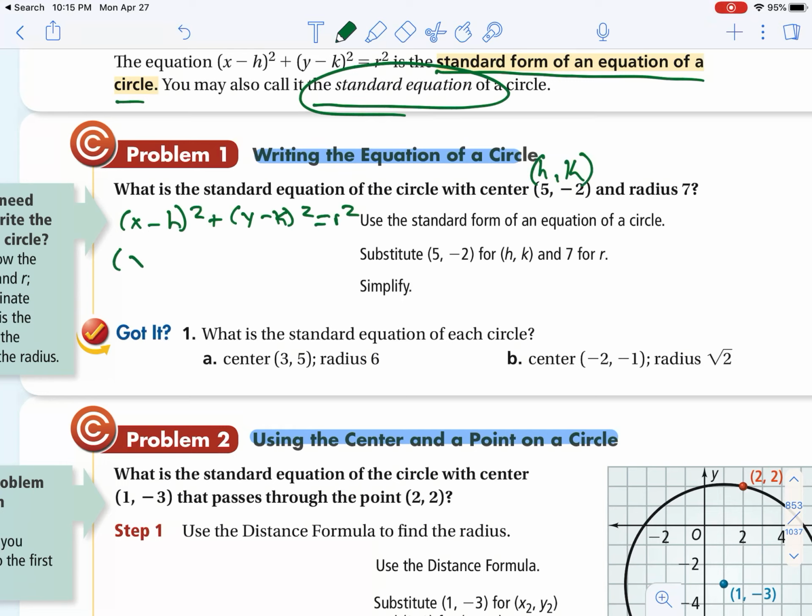So I'm going to say (x minus 5) squared plus (y minus -2) squared equals 7 squared. Like in our earlier example, we're just going to clean this up. Notice how that becomes a y plus 2. And for this 7 squared, we always want to make sure we square that out, so that becomes 49. That would be your answer right there.